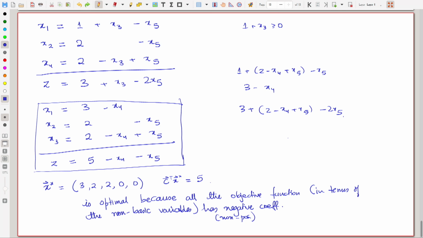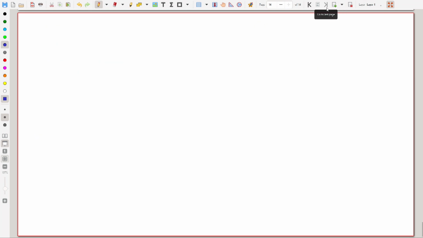So, let me just formalize this a little bit, in the sense what is a tableau exactly, and how do you find the various components in a tableau. So, here is the structure of a tableau. At each stage you have variables 1 to n, and at each stage you have some B, a subset of the set of variables, the basic subset.